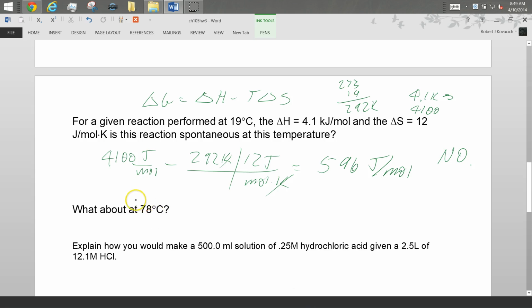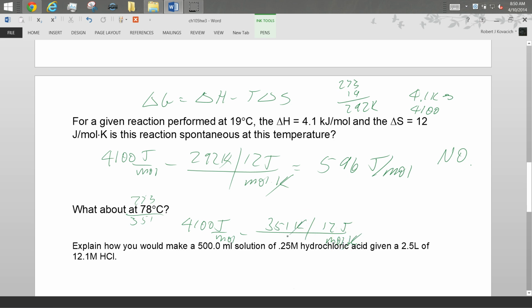So let's go with 273, 1, 5, 351. All right, so 4,100 joules per mole minus 2K, and oops, 351 here, and then 12 joules per mole K. K cancels out again.